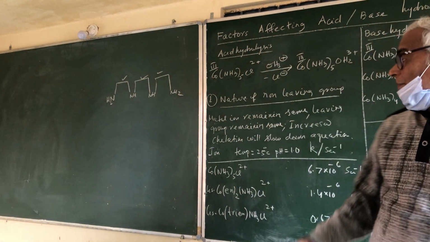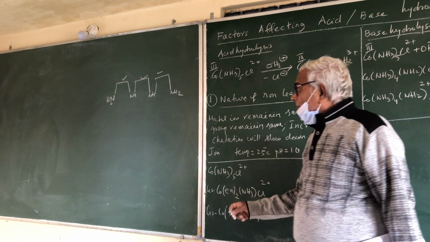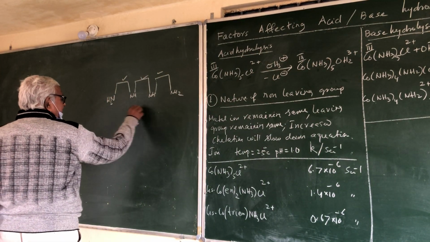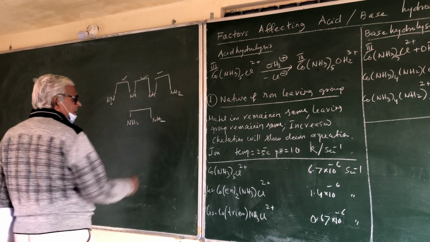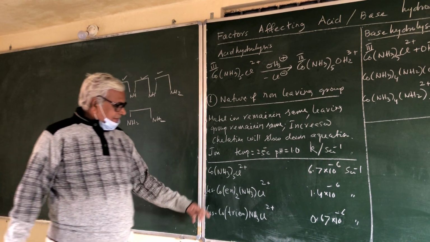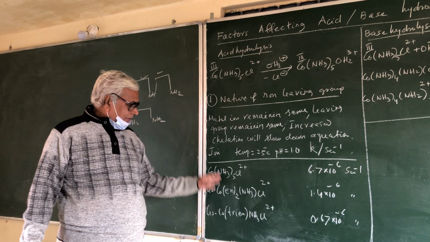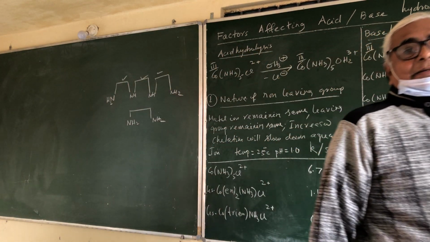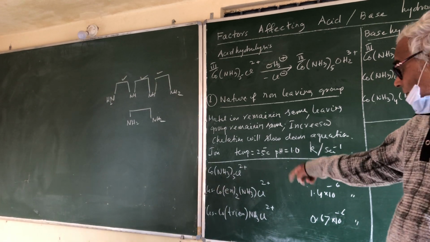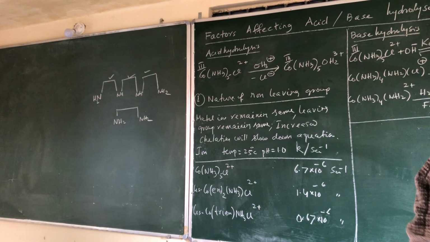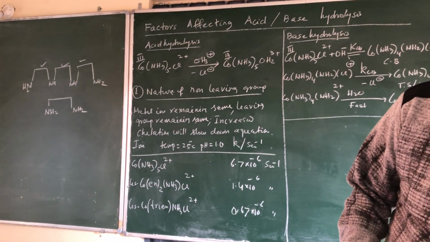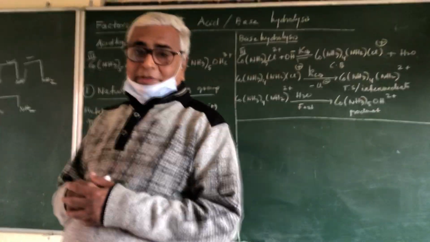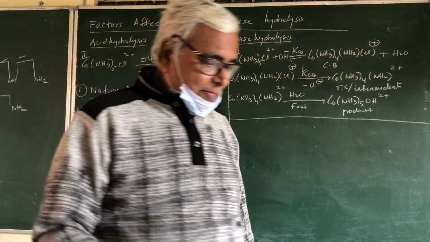So ammonia when replaced by ethylene diamine is this. So that is increased chelation in the non-leaving group. Therefore, rate is decreasing. Why is the rate decreasing? When the chelation is increased, according to the Born equation, higher is the size of the ion, lower will be solvation.